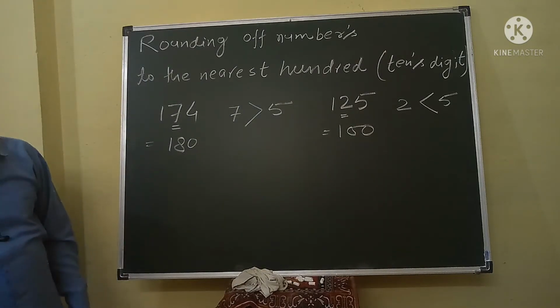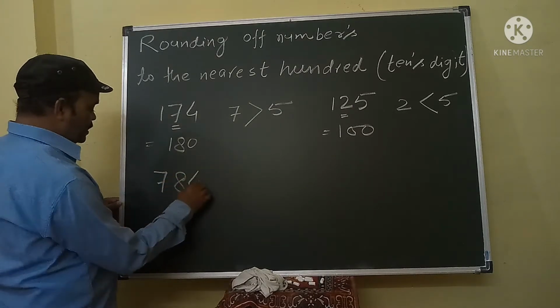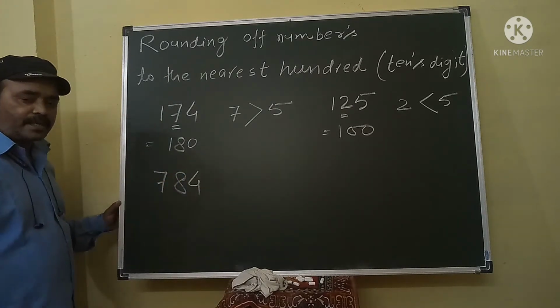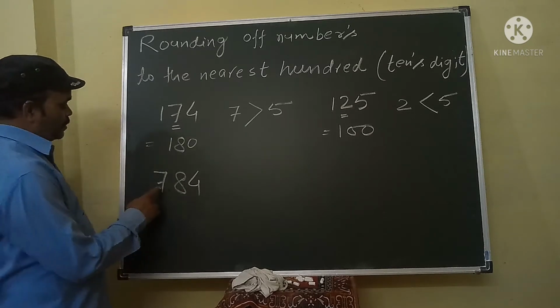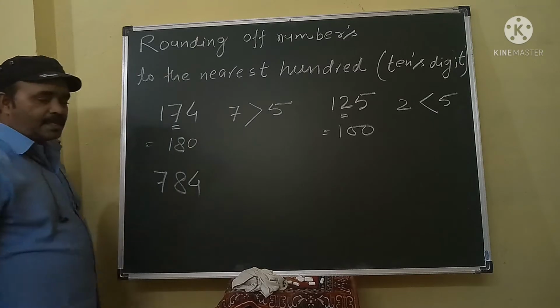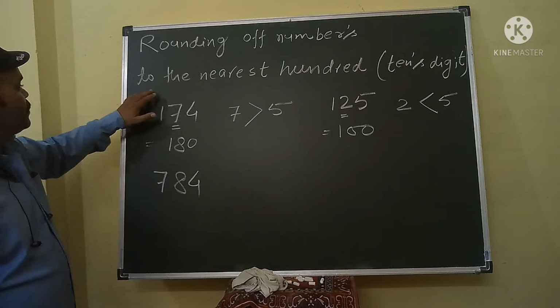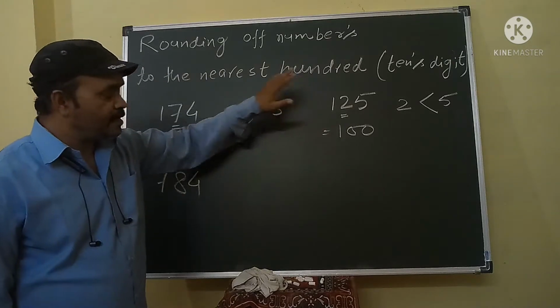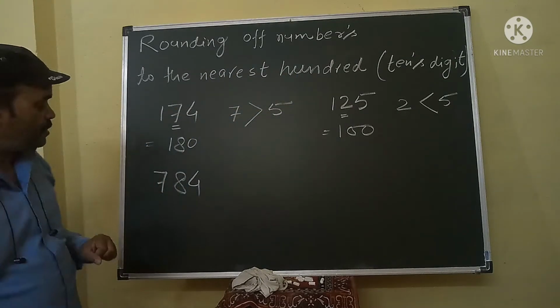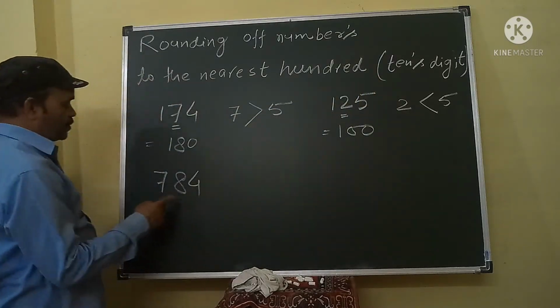You have one more example. Suppose this is 784. You will find the rounding of 784 to the nearest 100. For the nearest 100, you will find the tens digit value.